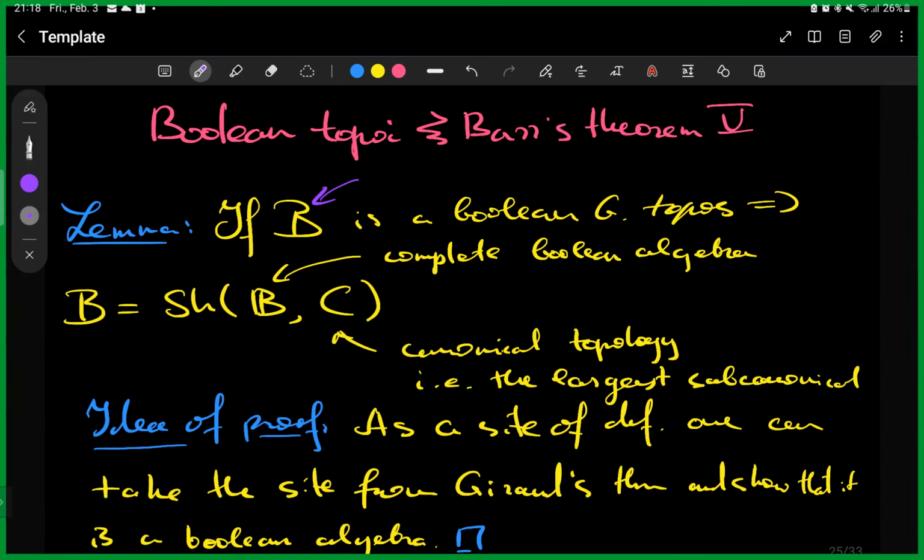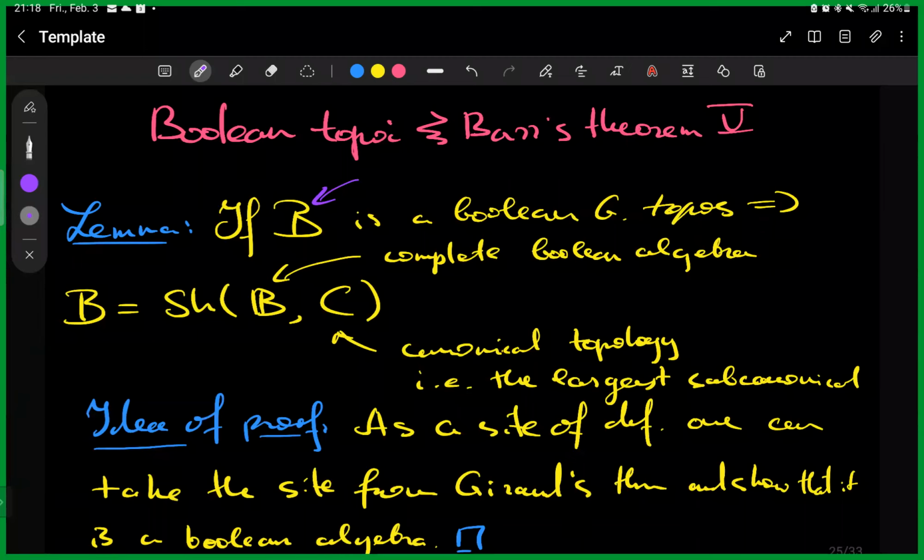Okay, so the idea of the proof of this result is that if we consider a site from the topos theorem, then for a Boolean topos, any category of subobjects is a Boolean algebra, and even more, it's a complete Boolean algebra. This means that after gluing them together, which is the procedure we use to construct a site in the topos theorem, we once again obtain a complete Boolean algebra. So that's just a very rough idea.